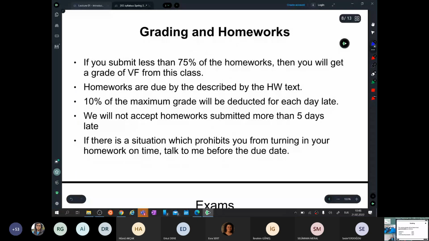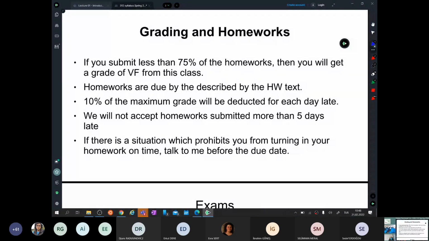You are expected to submit all of the homeworks. But if you submit less than 75% of the homeworks, then you are going to get an automatic VF from this course. VF means that you attended the course, maybe you attended the exams, but you did not complete the coursework.